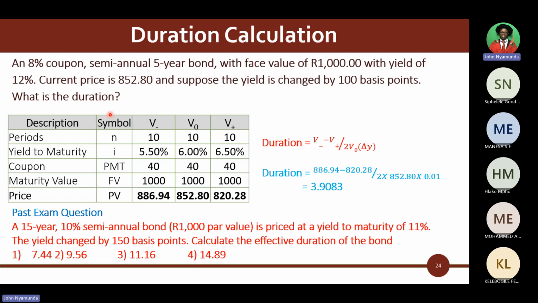Post your V naught, V minus, V plus. What you got so far?